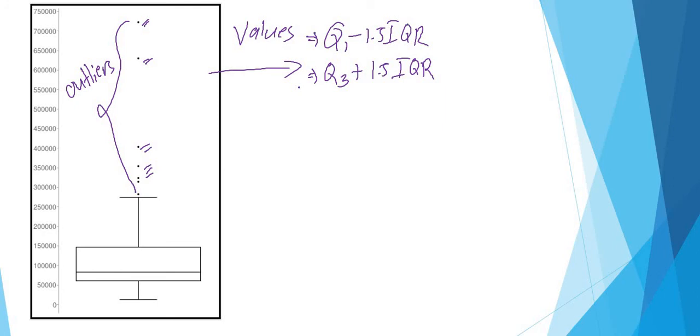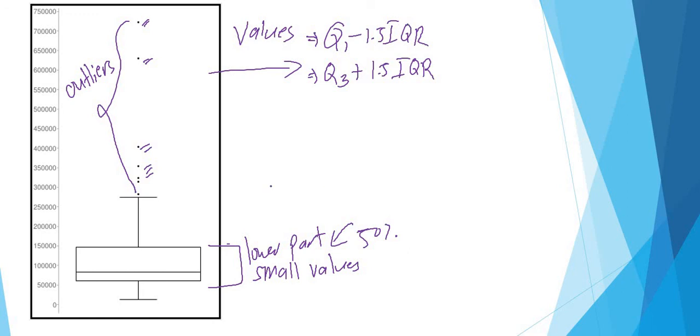Since we do not have values here, all we can do is describe its shape. As you can see, most of our values are here in the lower part. That means we have small values. More of them is actually 50%. 50% of our values are quite small.